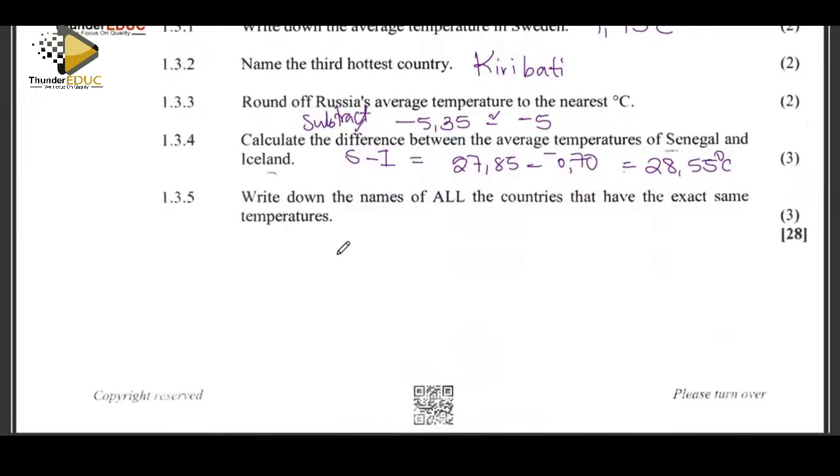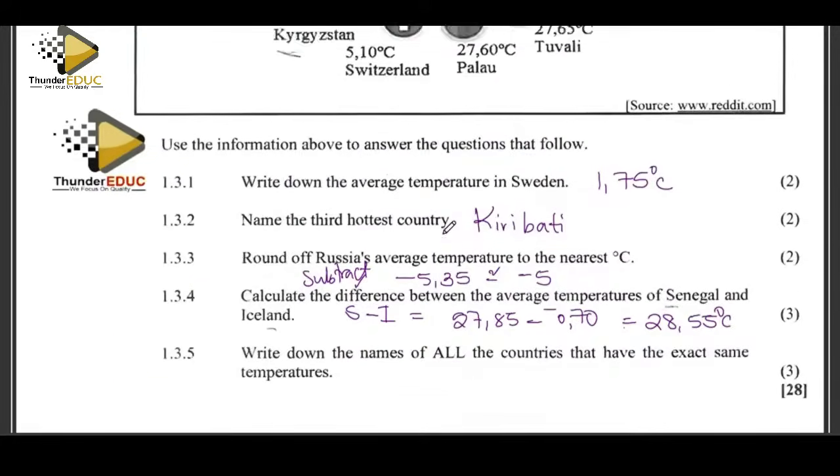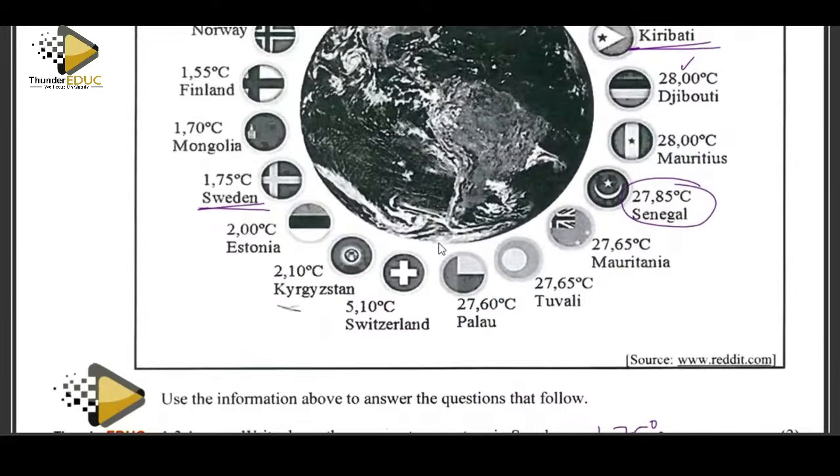Write down the names of all countries that have the exact same temperature. So when you look here, this has the same as this one. So you had to write this, you had to write that. When you come down here, you look at that and this.